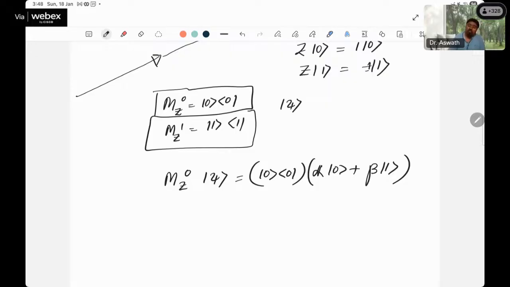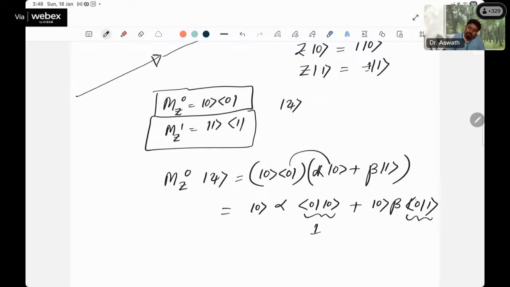So once I do the measurement operation, what happens? 0 ket alpha comes out, and it takes the inner product of 0 with 0, plus 0 ket beta multiplied by the inner product of 0 with 1. By the way, the inner product of 1 with 1 is 1, and the inner product of 0 with 1 is 0. So 0 multiplying this entire thing is 0.